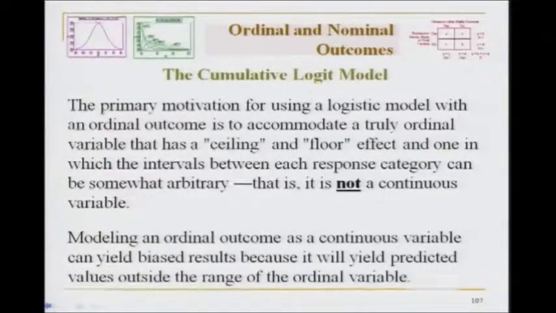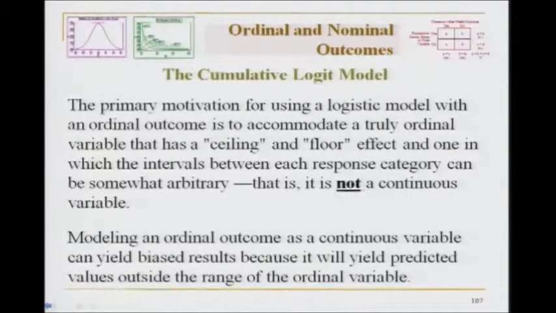And so we're talking about not continuous variables for the cumulative logit model, but truly ordinal variables. So the order matters, but there's a top and a bottom. So it isn't truly continuous in the sense of it can go from negative infinity to positive infinity.